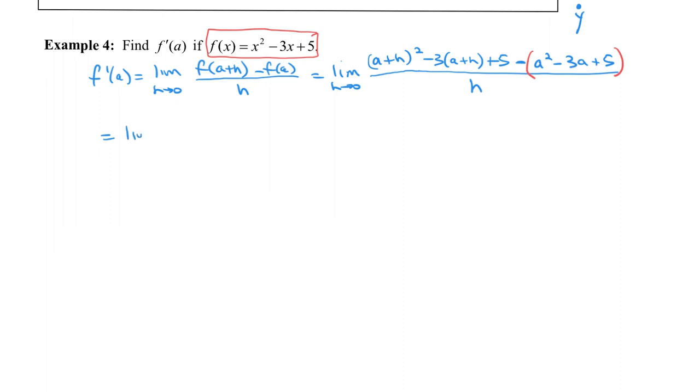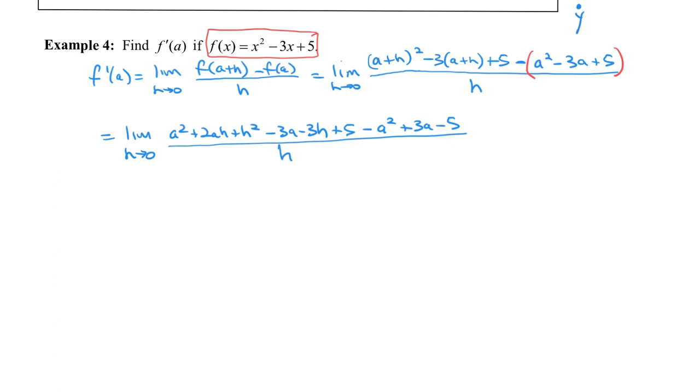So this is equal to the limit as h approaches 0 of a squared plus 2ah plus h squared minus 3a minus 3h, because I'm just distributing this through, then plus 5. And then distribute the negative, you get minus a squared plus 3a minus 5, all over h.